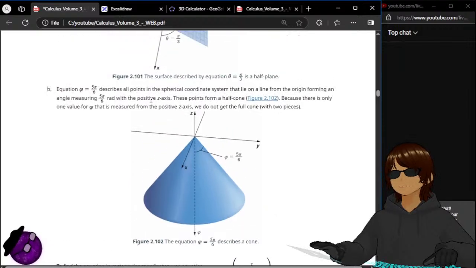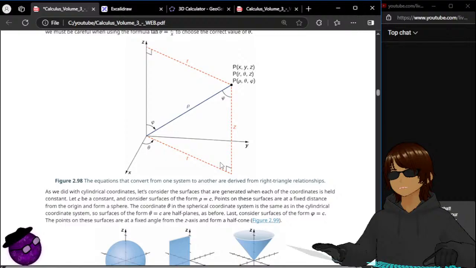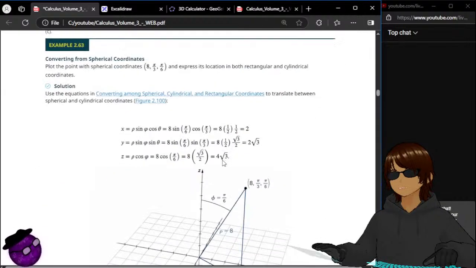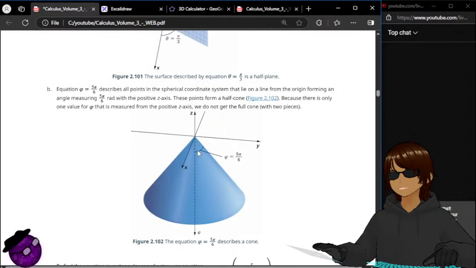But why? So we have phi here. Why is it downwards though?